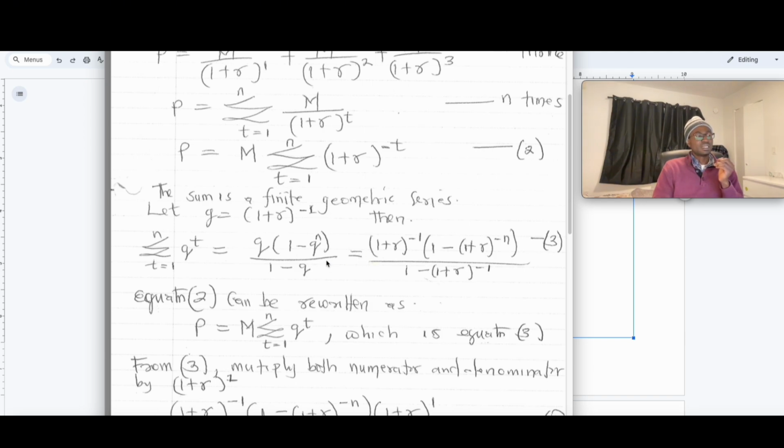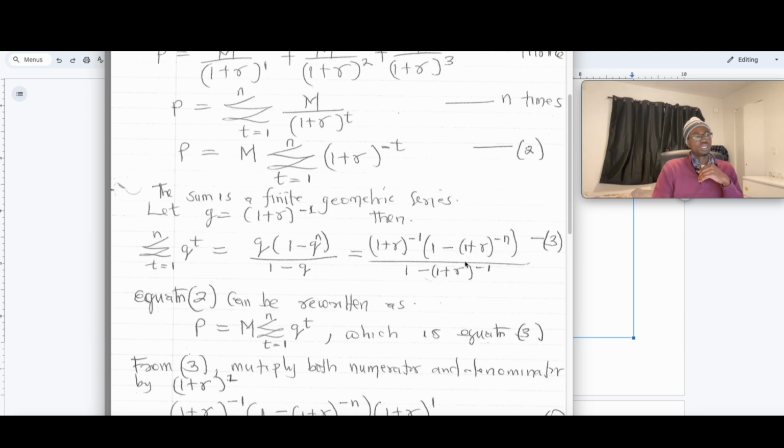And then we can evaluate or simplify this term on this side of the equation. We can expand it, and substitute q with 1 plus r raised to power minus 1. Wherever you see q here, just put 1 plus r raised to power minus 1 there. So that will give us this right-hand side term of equation 3.